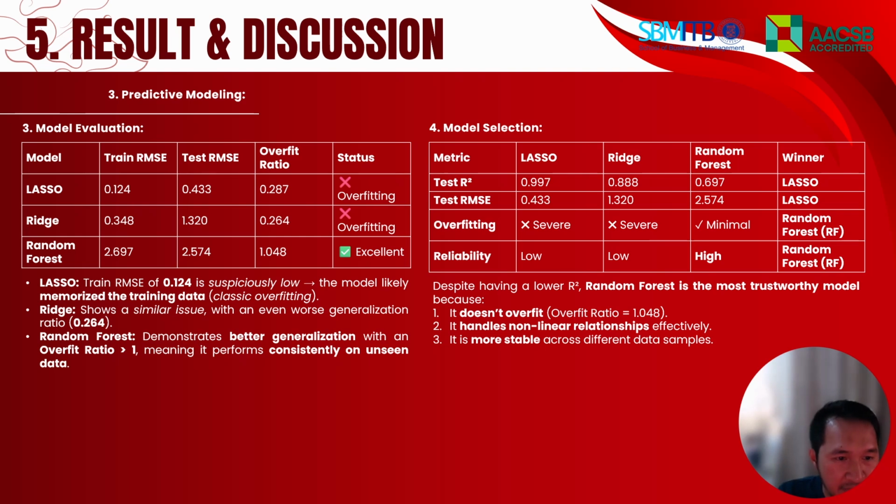We do model evaluation and we see random forest has an excellent status. There is no overfit ratio, and it has the best test RMSE and train RMSE scores. So for model selection, random forest is the most trustworthy model because it doesn't overfit, it handles non-linear relationships effectively, and it's more stable across different data samples.